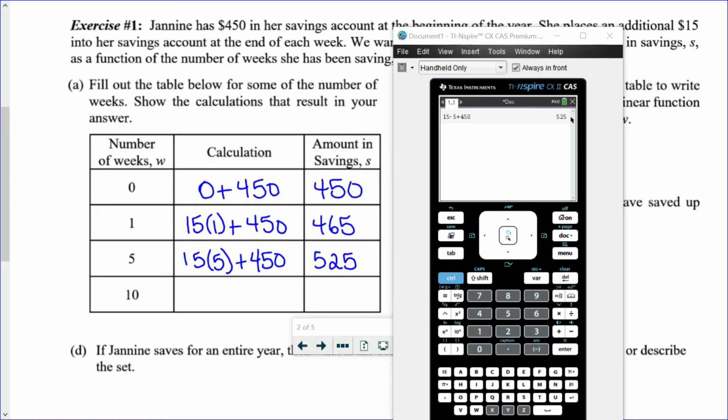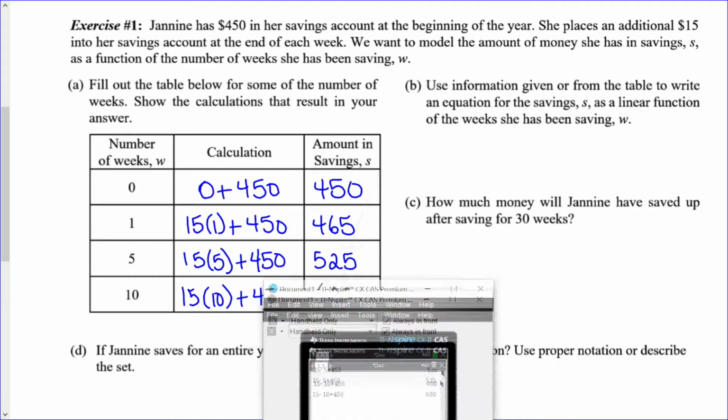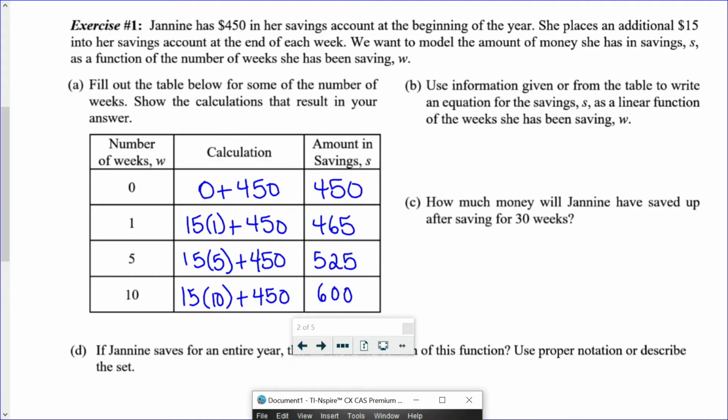And likewise, after 10 weeks, that'll be 10 deposits of $15 plus the 450. So at the end of 10 weeks, we have 15 times 10 plus 450, which gives me $600. All right, so just a little use of our calculator there.